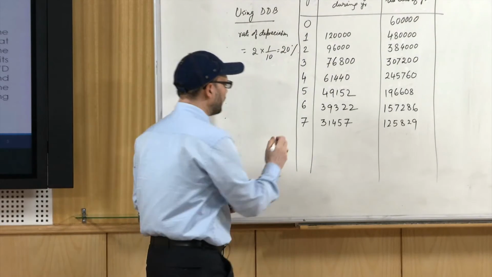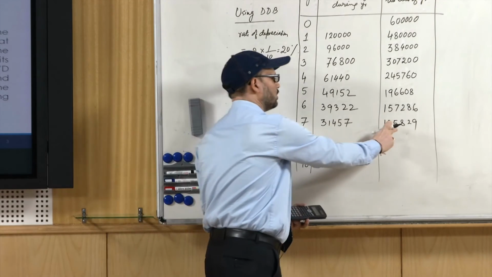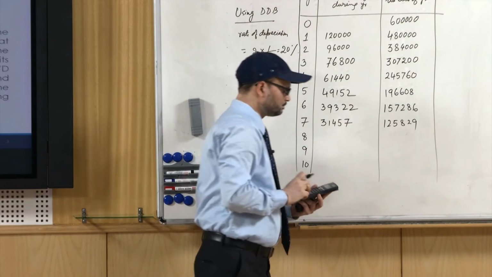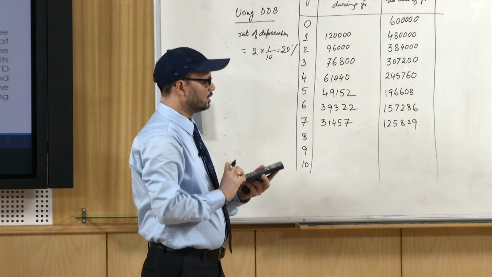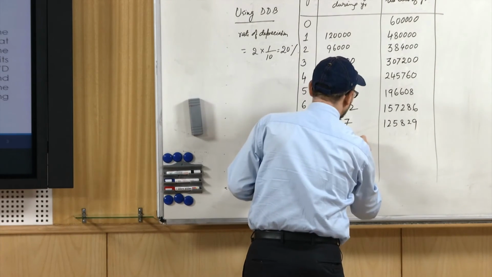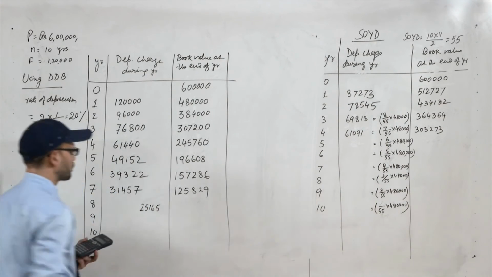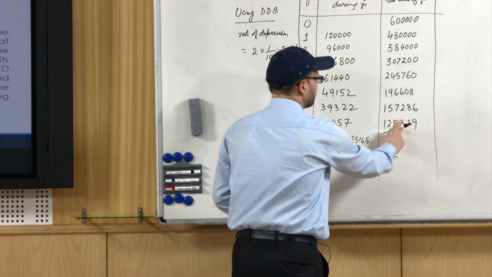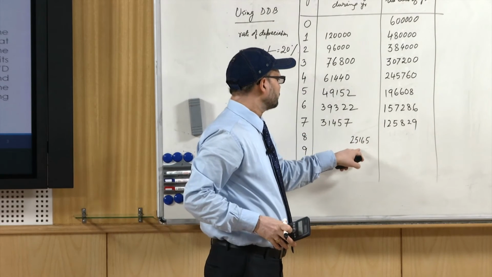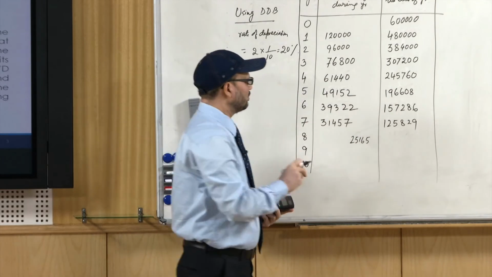Now, if we calculate the depreciation charge during the 8th year, it should be 20% of this amount and this comes out to be 25,165. So, if we take 25,165, then it is decreasing to a value something close to 1,04,000 or close so.